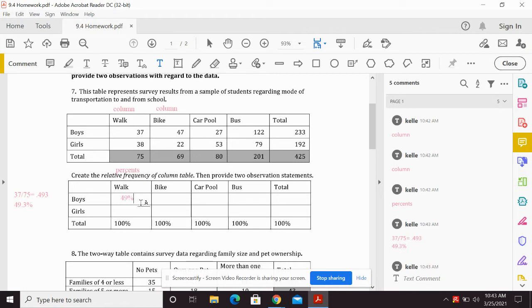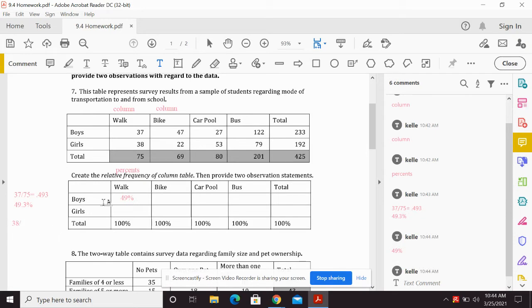Okay. So then we're just going to keep going on this column. So then we do the girls. Of the people that walk, what percent are girls? So you're going to take the number of girls, 38, and put it over 75. 38 divided by 75 is 0.5066, so on.